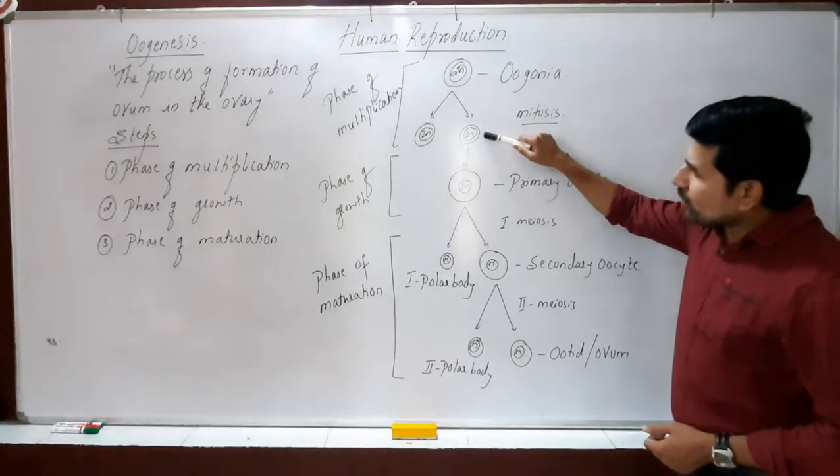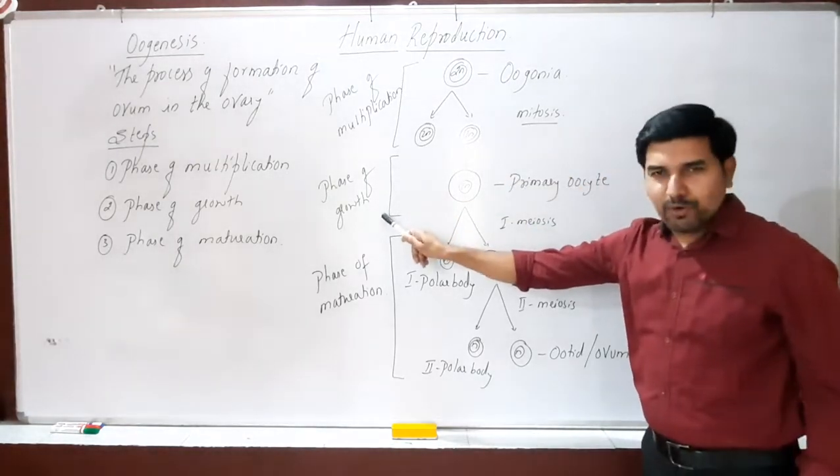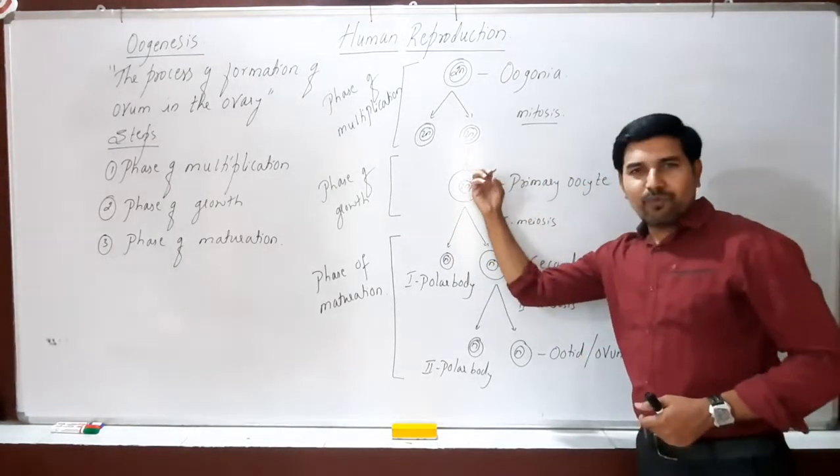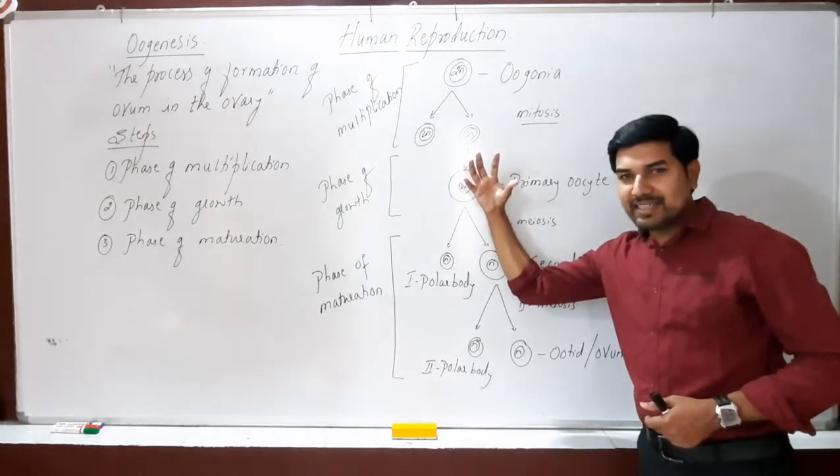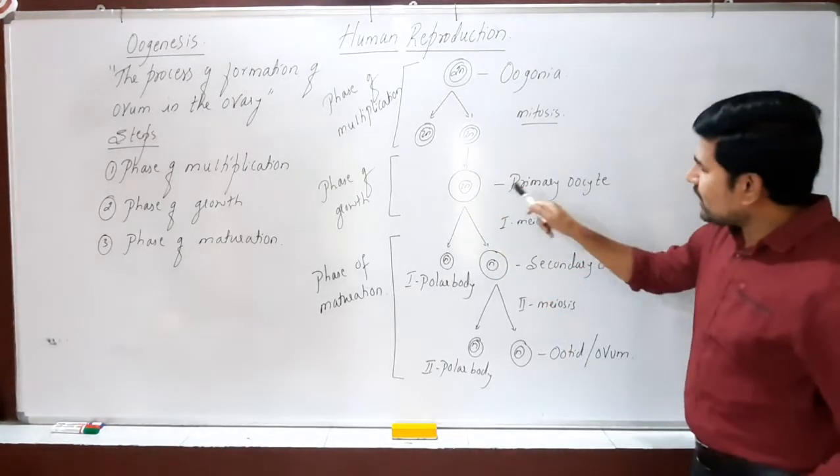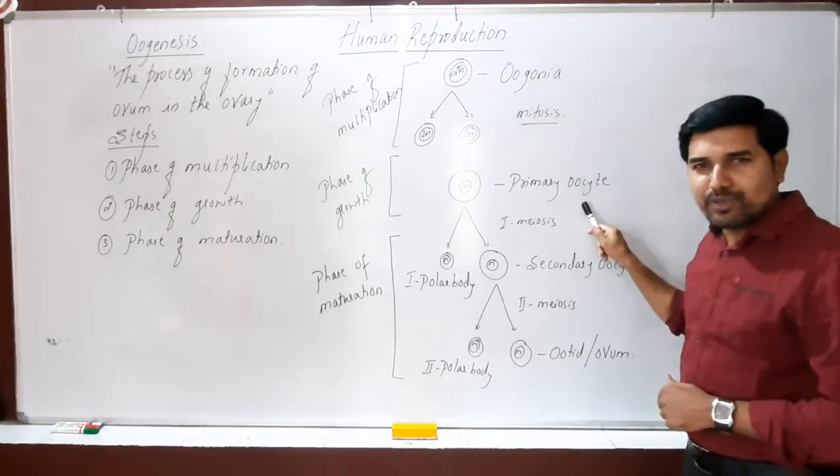Now one oogonial cell will enter into the phase of growth where the size of the cell increases. This cell is now termed a primary oocyte.